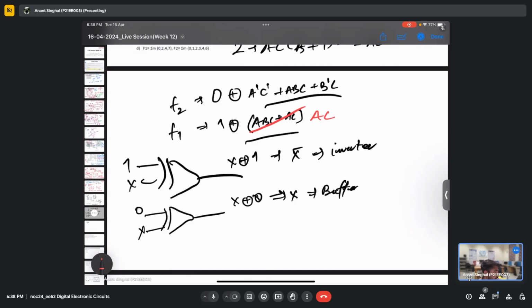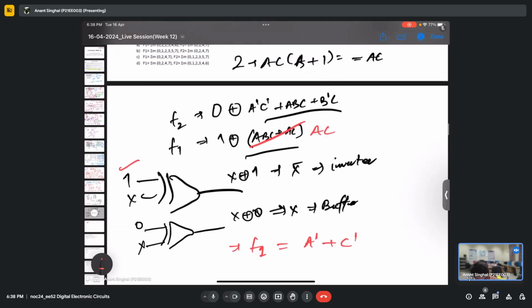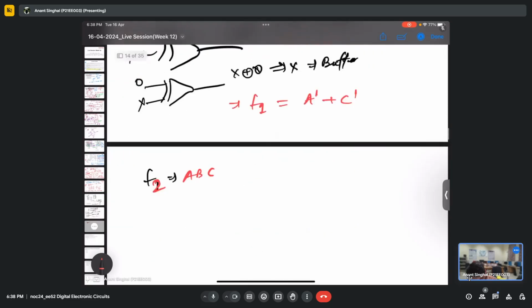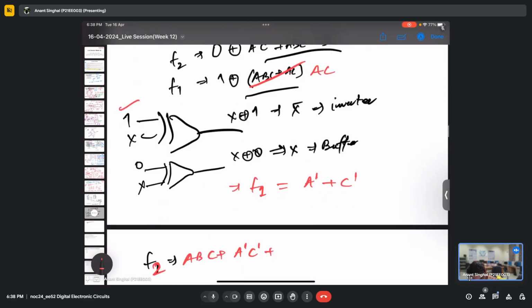Since we have a 1, it will be an inverter, so we will have A complement plus C complement. I hope it is clear. For F2, it is a buffer, so we'll keep the same expression, A complement C complement plus B complement C.